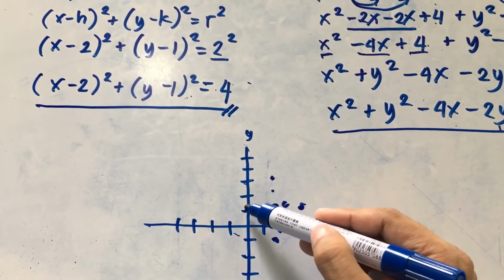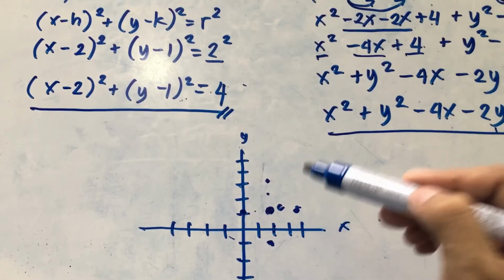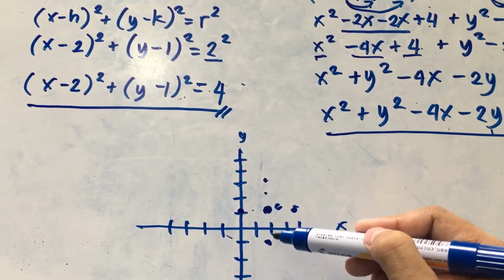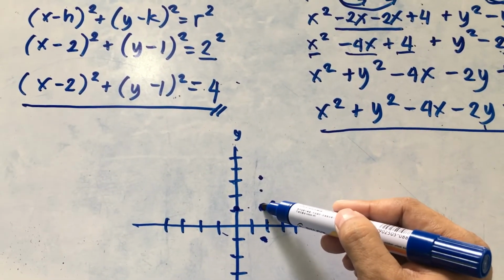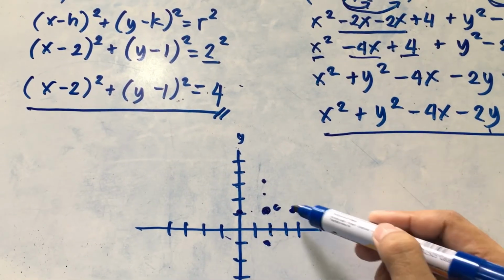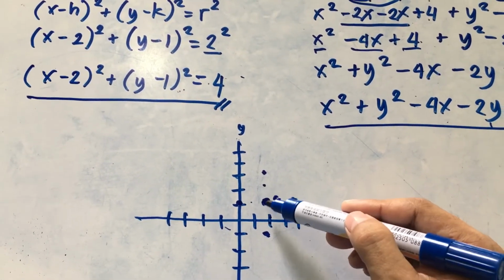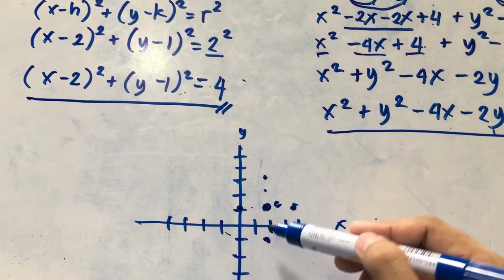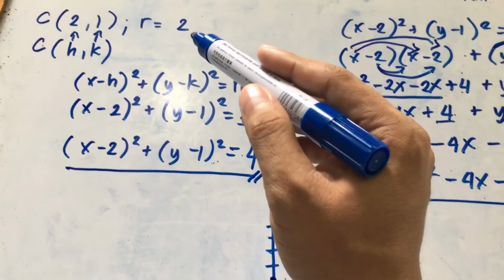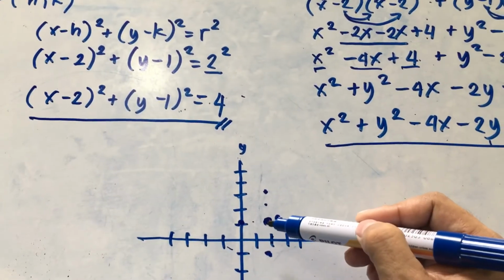Okay, so you will arrive at 4 points. Now, please do remember that the radius is a segment that connects the center of the line going to any part of the circumference of the circle. That's why we draw 4 points, specifically 2 units because your radius is 2 coming from your center.